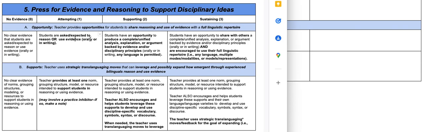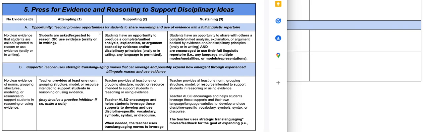Later, to get to the higher levels, we'll want to see a more unified or complete explanation or argumentation based on your disciplinary norms. But down here, it's a little bit more discrete. It's broken up. We're seeing maybe an instance of students being asked to reason or an instance of students being asked to give evidence.